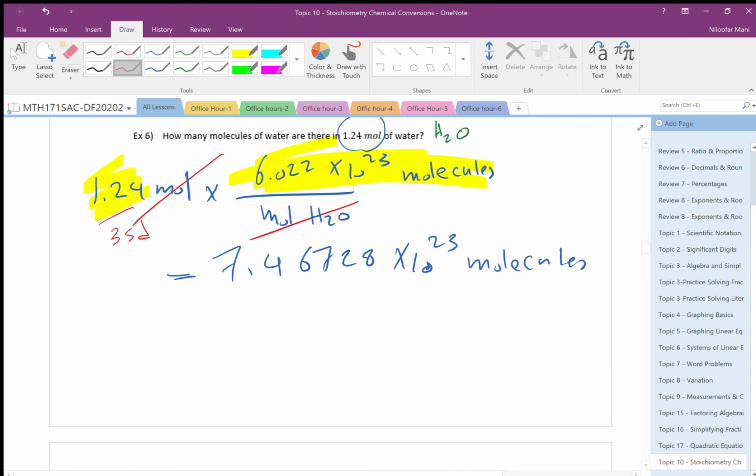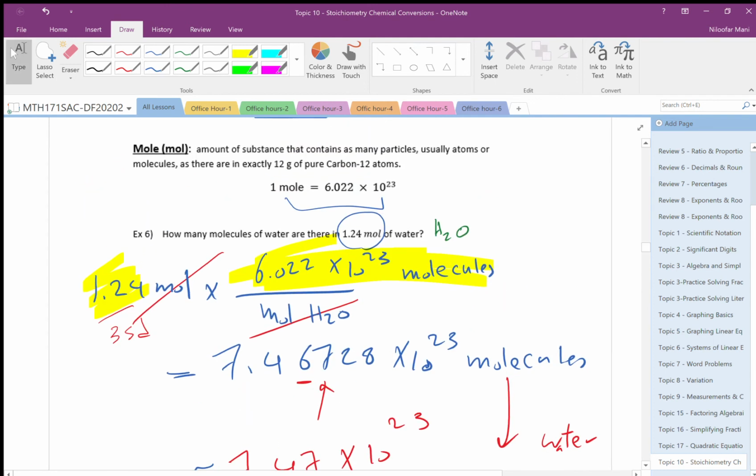Okay, and then I underline that, check that it is 7.47 times 10 to the power 23 molecules of water. Okay, perfect. So I have to use approximately here, right? Okay, so perfect. So then I have this one.